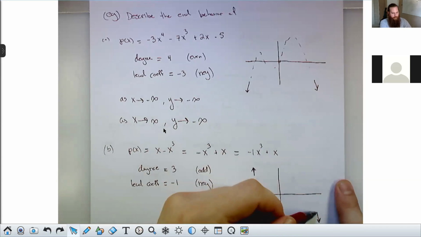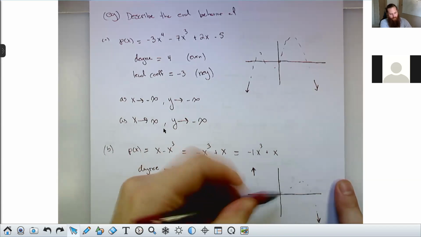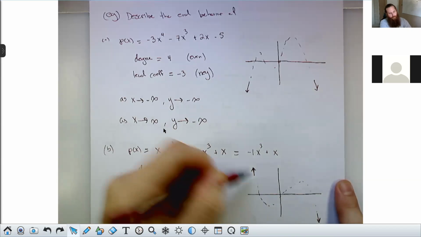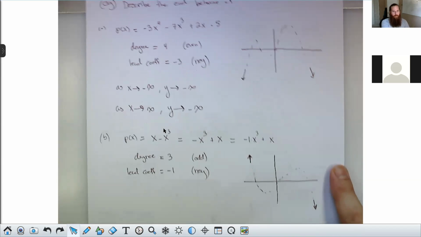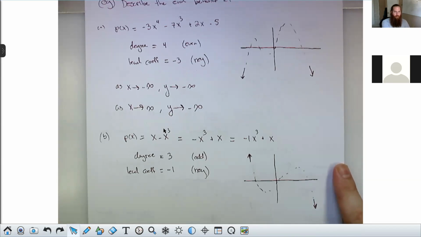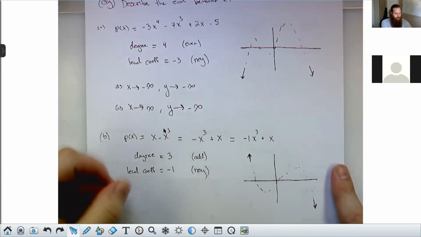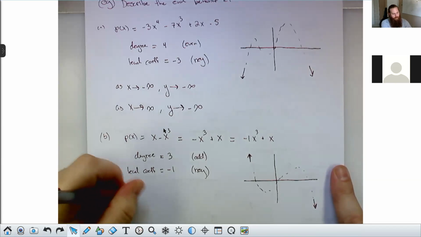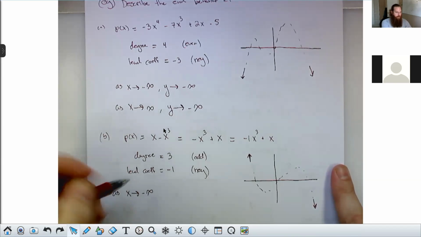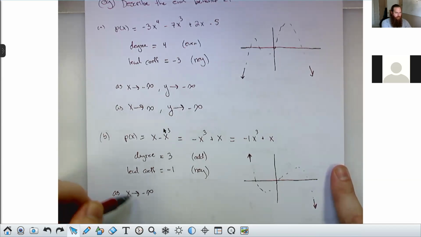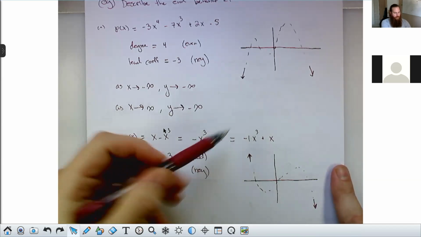And again, based on what we've seen so far, I can't say what happens in between. But I know that on the left, the arrow goes up, and on the right, the arrow goes down. The arrow going up on the left in the goes-to notation says as x goes to negative infinity, as we wander further and further to the left, the y values will eventually go up.